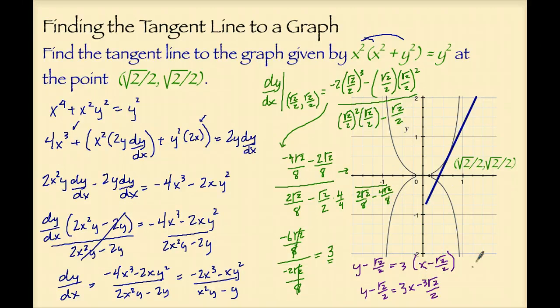And when we add that square root of 2 over 2, we're going to have y equals 3x minus 2 square root of 2 over 2, and that becomes, of course, just square root of 2. So our final equation, y equals 3x minus the square root of 2. And that is your answer.